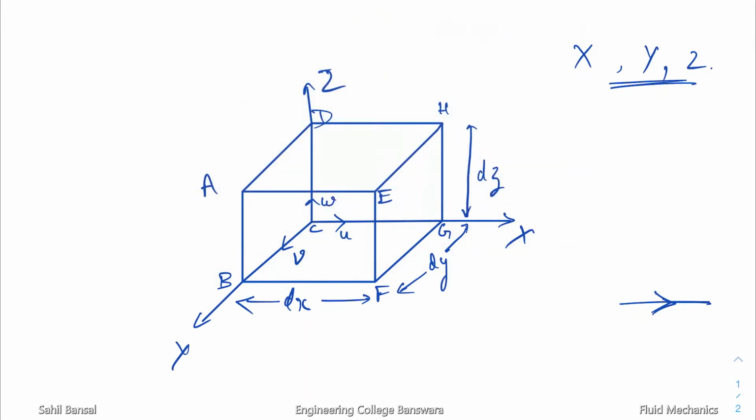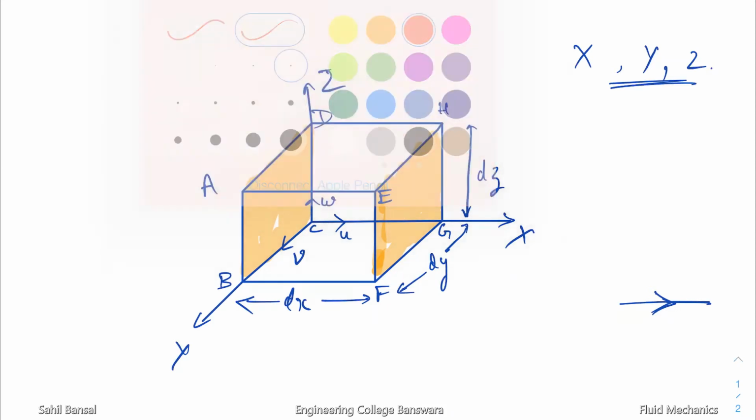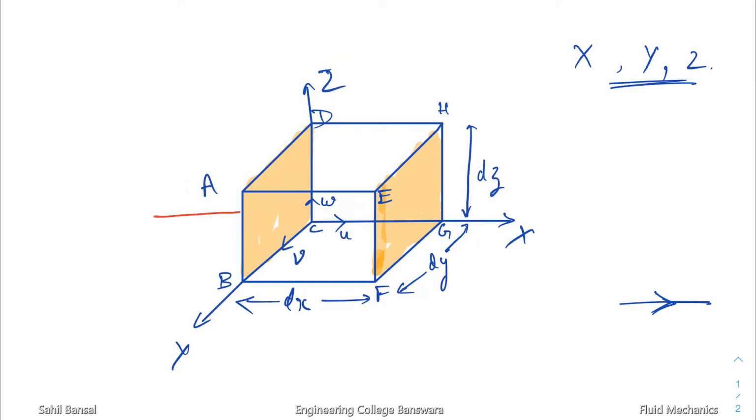To study the flow in the x direction, I will have to consider these 2 surfaces. This surface and this surface. So what's happening over here? Basically, the fluid is entering from this face.